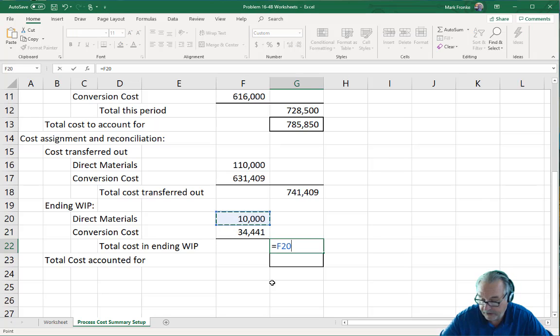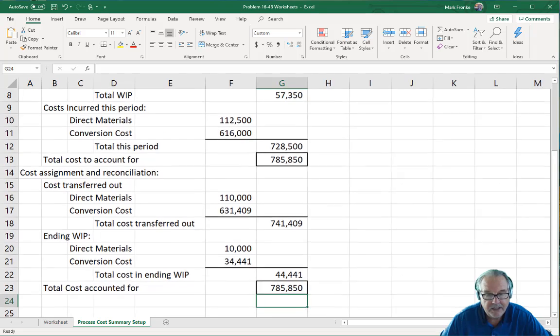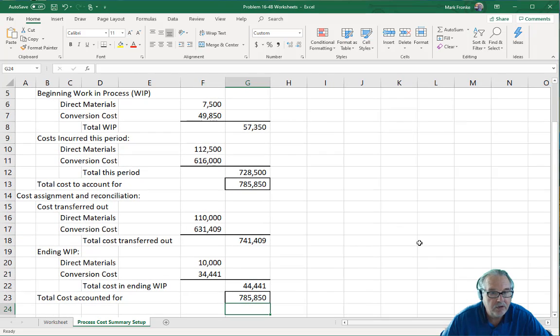If we add these together, we get 44,441, and when we add them up, 785,850, and it balances to what we did above. That is the complete process of what we're doing in Chapter 16.